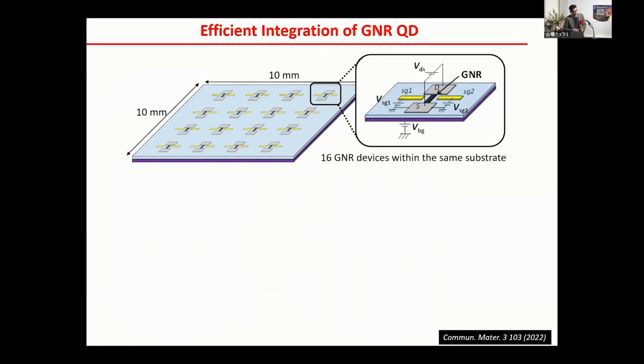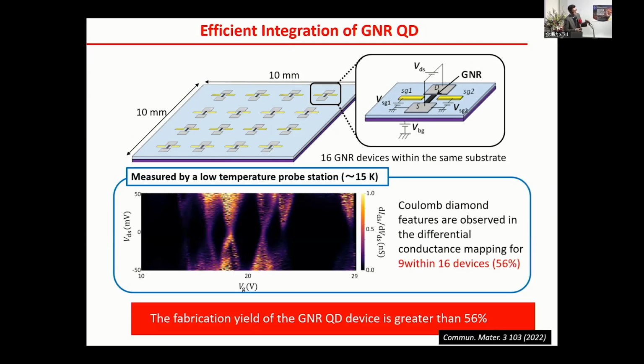And another demonstration: we try to demonstrate the scalability. These are not super big devices, but a kind of demonstration. We tried to fabricate 16 devices, and we checked whether each device shows a Coulomb diamond or not. And 9 of the 16 devices show nice Coulomb diamond-like features.